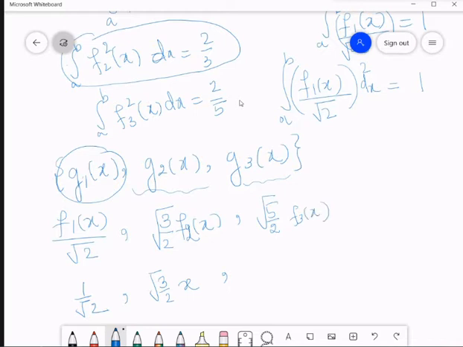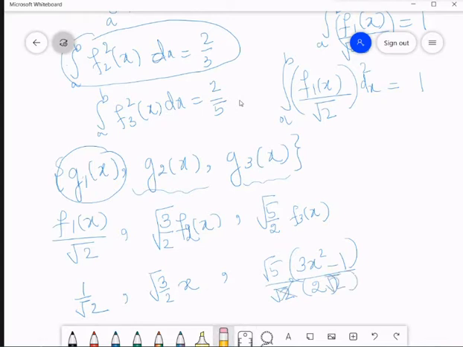times f3(x). My f3 was nothing but 3x squared minus 1 divided by 2. Now it will be getting multiplied by root 5 and root 2. So this will be the expression. If you want to simplify it more, you can just write it here as 2 root 2 sort of thing, and that's it.